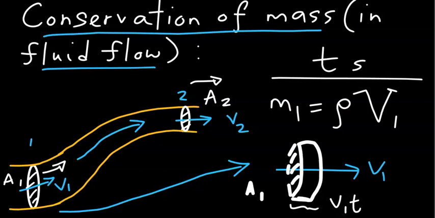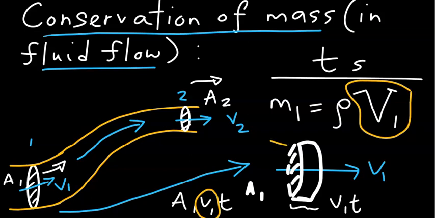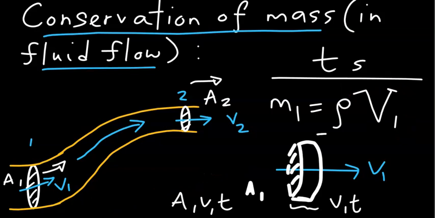So the total volume of fluid that is passing through this region in t seconds is therefore A1 v1 t. Note that this little v1 is the speed of the fluid and this capital V1 is the volume of that fluid. So the mass of the fluid that's passing through region 1 in t seconds is therefore density times A1 times speed in region 1 times time.